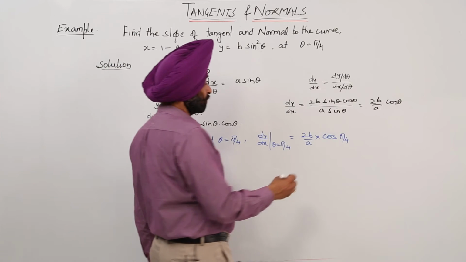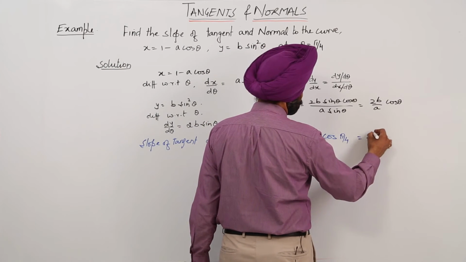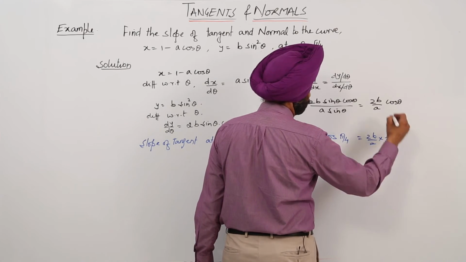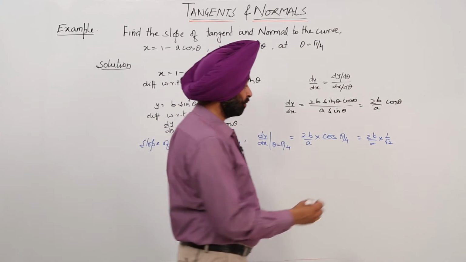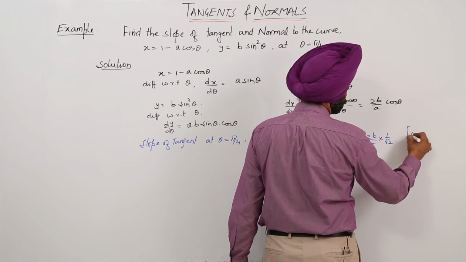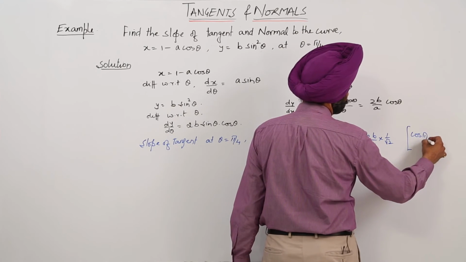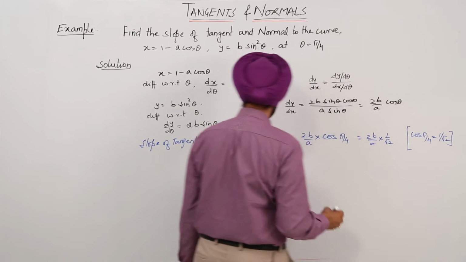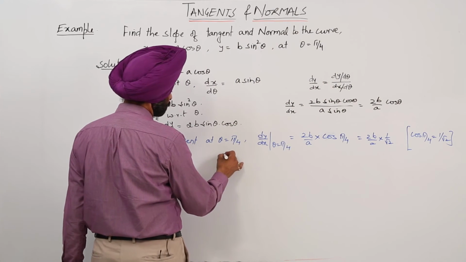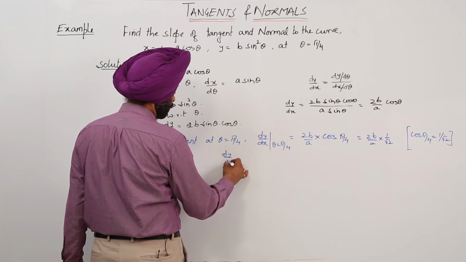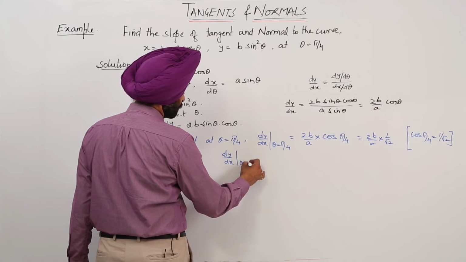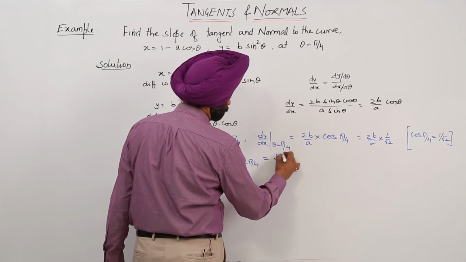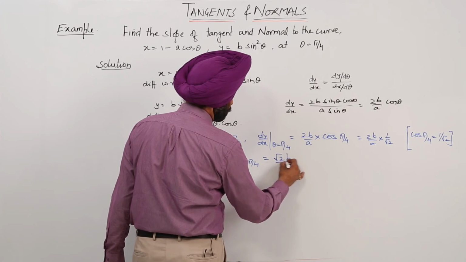Cos pi by 4 is what? We are knowing cos pi by 4 is equal to 1 upon root 2. So we can write it now, dy by dx at theta is equal to pi by 4 is equal to 2b upon a with 1 upon root 2, which is root 2b upon a.